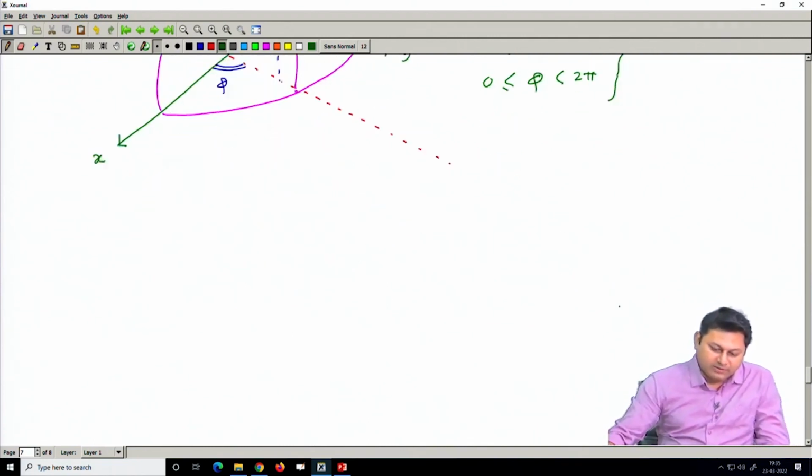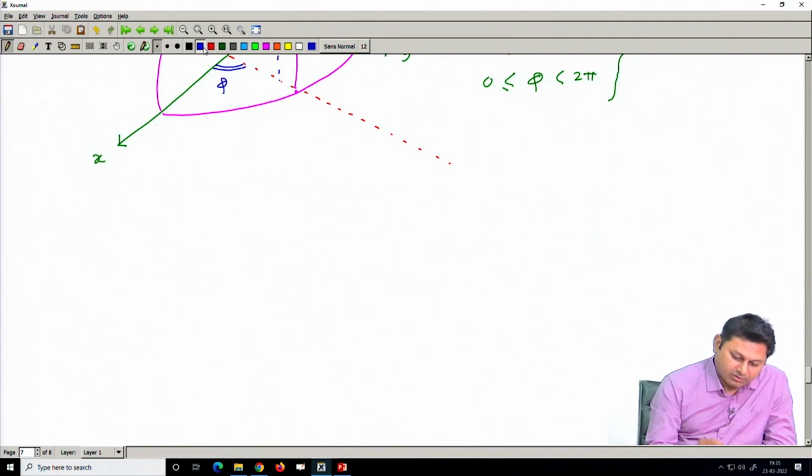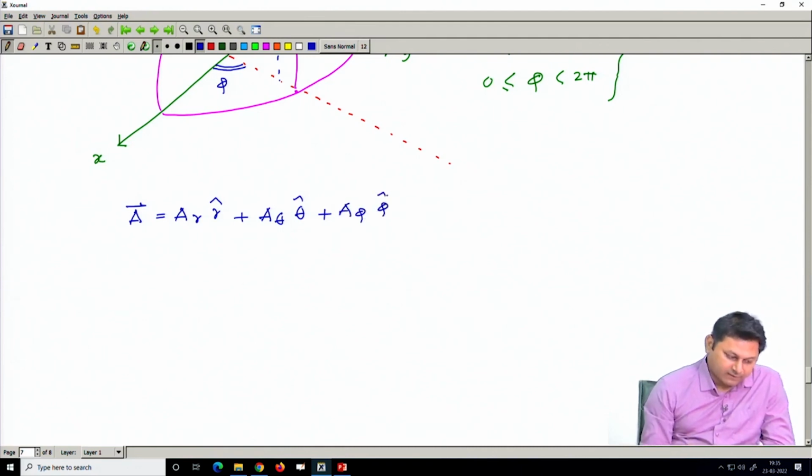Well, what are the unit vectors? That is important. I also need to define the unit vectors. So, a vector A can be defined in this way: A_r times the r unit vector, plus the theta unit vector component and the phi unit vector component.